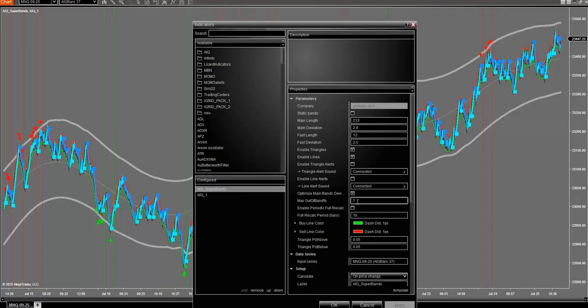So if I'm between 5 and 7, that works for me. And the nice thing is these bands are dynamic, so they auto adapt to rapid changes in volatility. That's already in the bands.